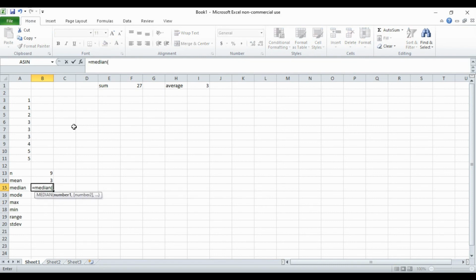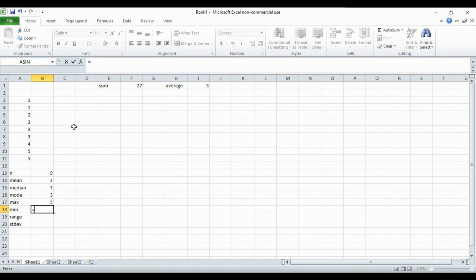And there is also the median function, and there is a mode function. I can use a maximum function to help me calculate the range.